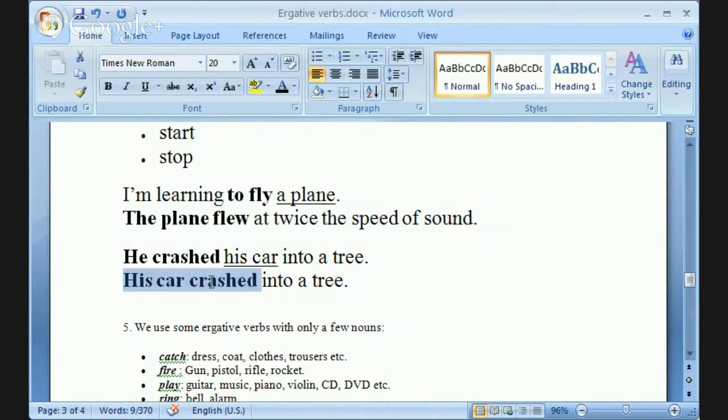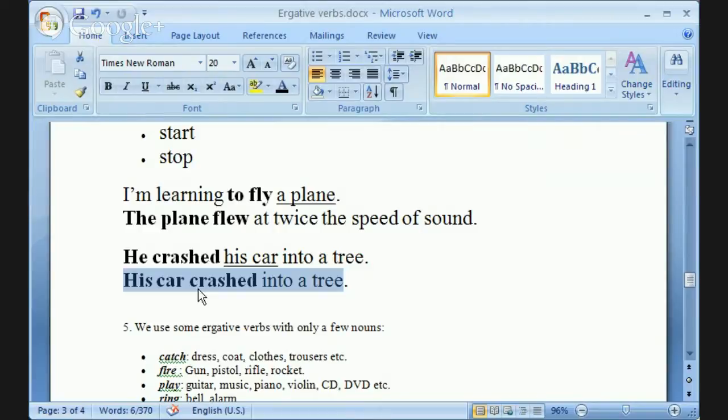His car was crashed into a tree, by the car thief, whatever. It's still possible, but it may not be necessary. It would definitely change the meaning slightly. Sometimes maybe it wouldn't.